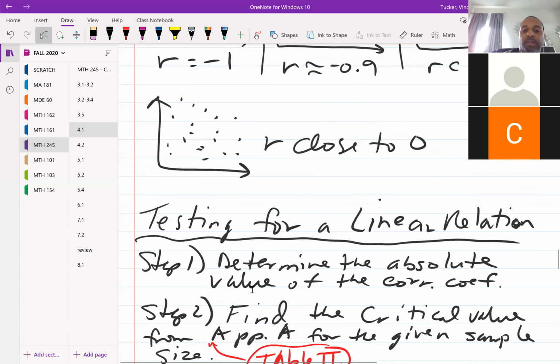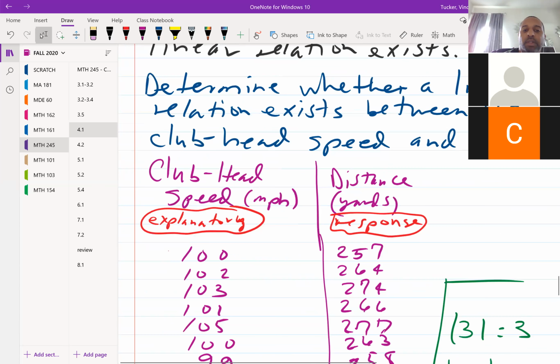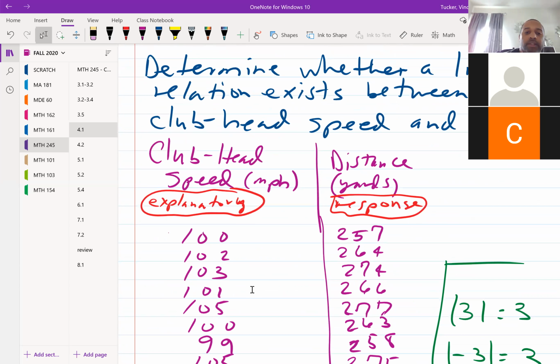All right, scrolling up, you guys don't need that one. Here, I don't necessarily have to copy this, but I just want to explain the difference between explanatory variable and response variable. Here, we were determining the linear relation between the club head speed and the distance. So we have a guy swinging his golf club, and how hard he's swinging the golf club will dictate how fast the club head moves, and then the distance the ball travels.